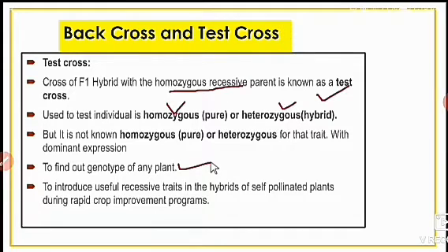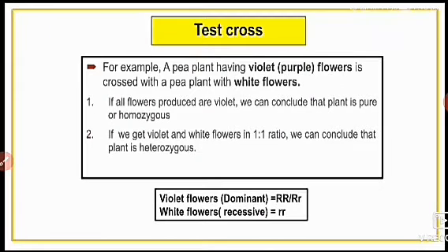Now, the test cross is also used to introduce useful recessive traits in the hybrids of self-pollinated plants during rapid crop improvement programs. For the desirable characters, we use these crop improvement programs for desirable traits of the flower or the whole plant body.